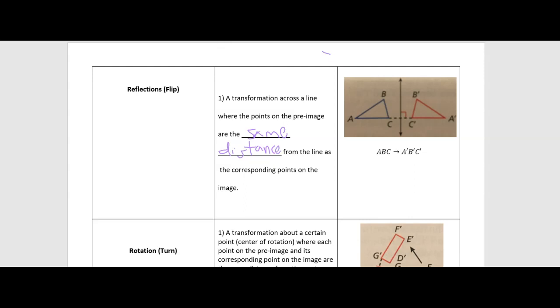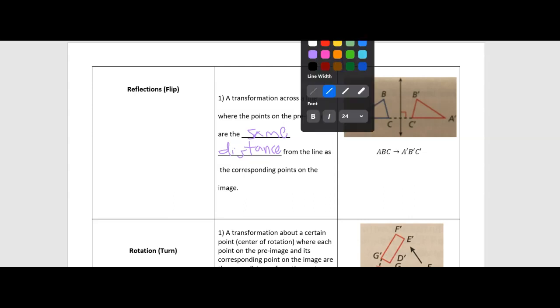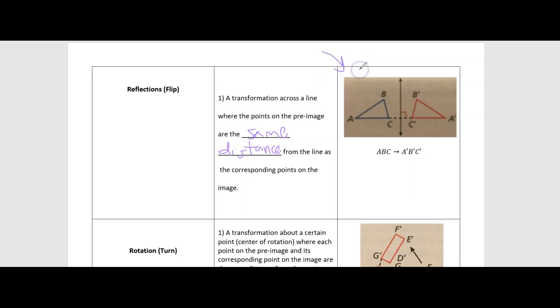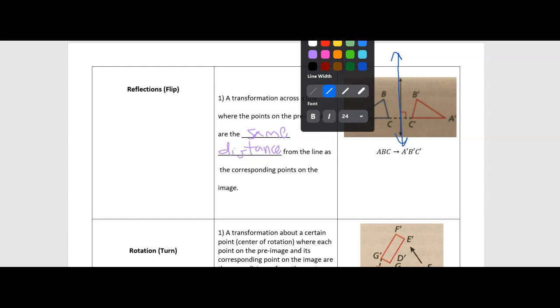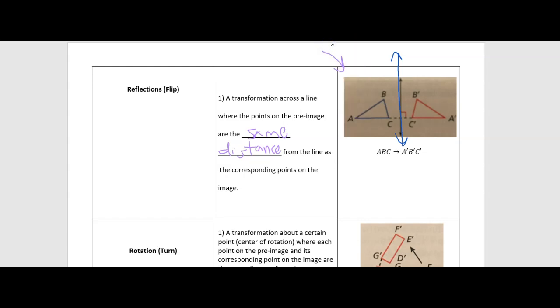Let's take a look at our diagram over here. This line that we are flipping a figure over is going to be called the line of reflection. So this line of reflection is right here. You'll notice that each corresponding point, B and B prime, are the exact same distance from that line of reflection.